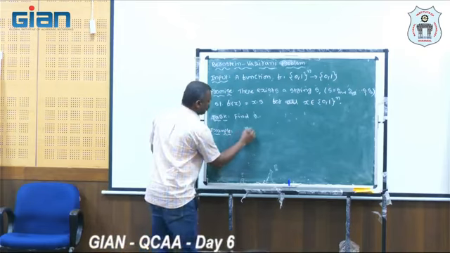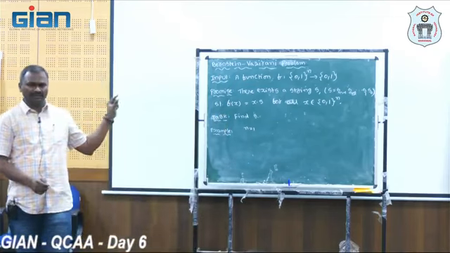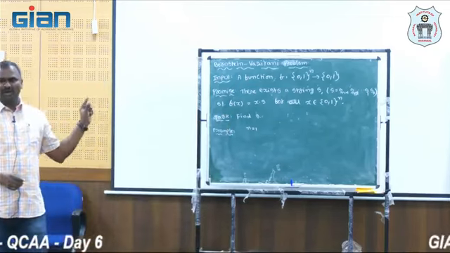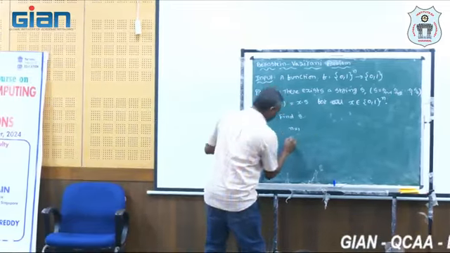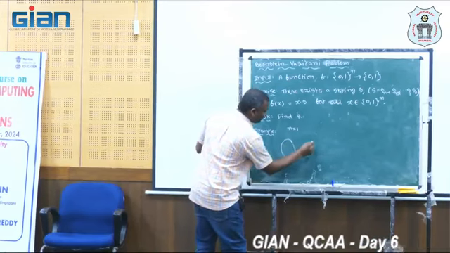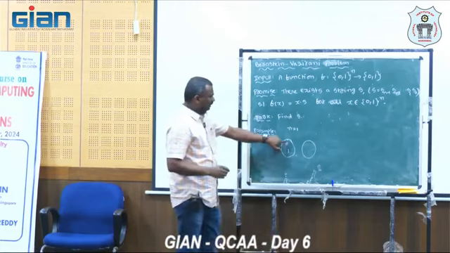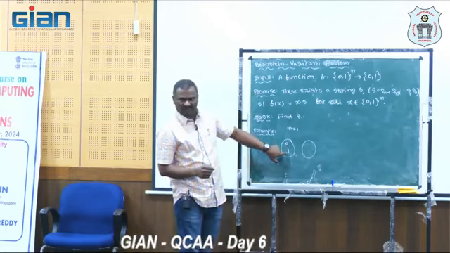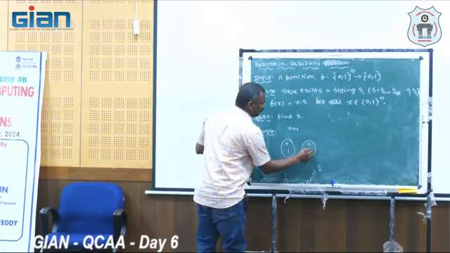So let us take n equals 1. n equals 1 means how many bit strings of length 1 are possible? 2. So now let us take f as a function which maps 0 and 1, because those are all the bit strings of length 1, to 0 or 1.